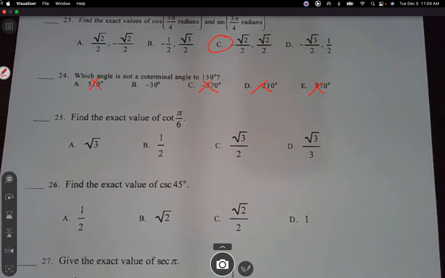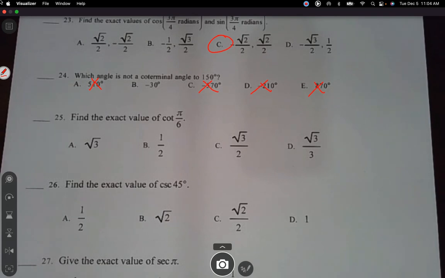Cotangent is not on our table, our unit circle, or anything. But what one is the opposite of cotangent, or the inverse of it? Tangent. Tangent and cotangent go together. They're like the couples hallway thing, right? So what is the tangent of pi over 6?